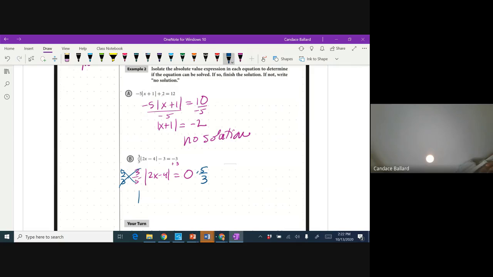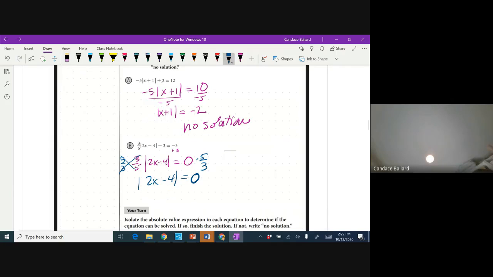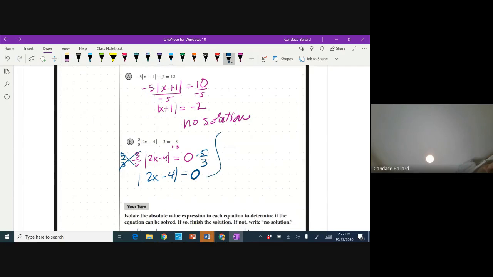So we end up with the absolute value of 2x minus 4 equals 0 times 5/3, still 0. We are now going to split it into a positive expression and a negative expression. And we're going to solve. So 2x equals 4 and x equals 2.